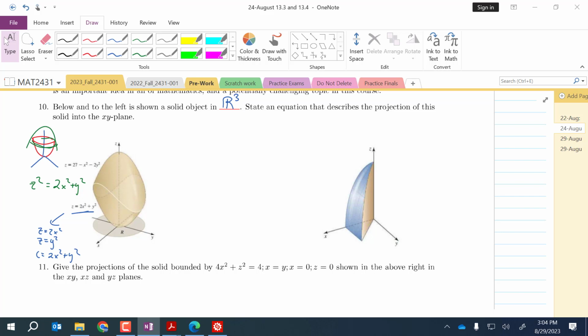I want you to think about shining a flashlight down the positive z-axis onto the xy plane, or from both directions, and you could imagine the shadow that's cast there. Does everyone see the shadow that's cast by this? So this right here is the projection of our surface onto the xy plane.